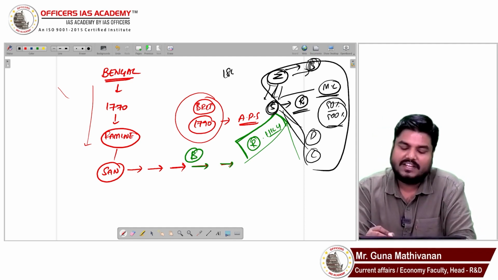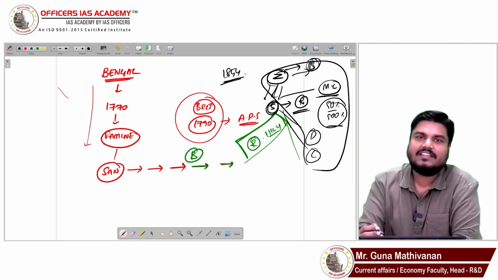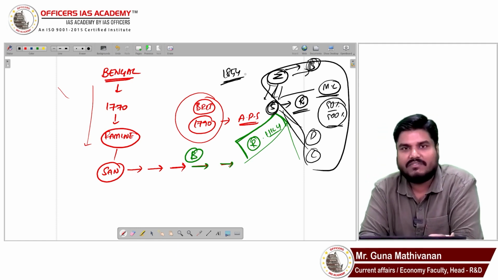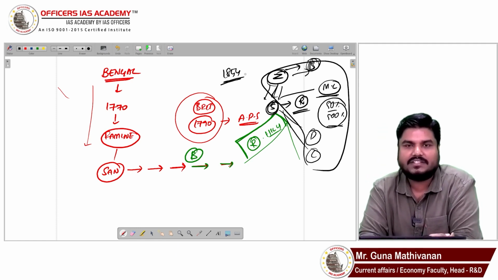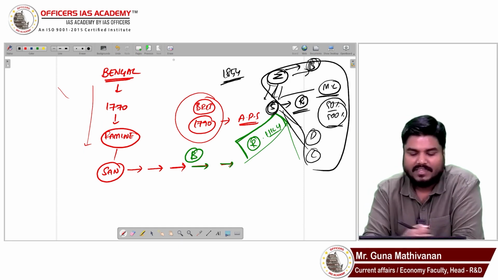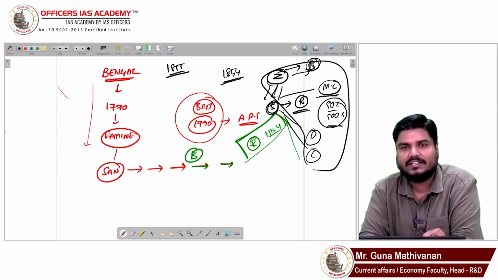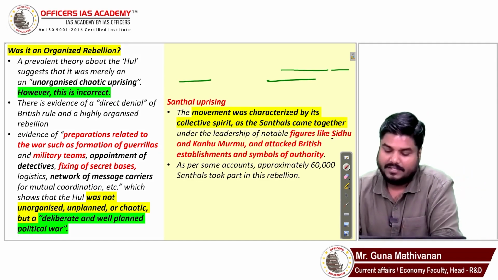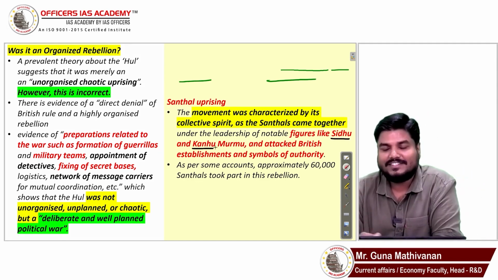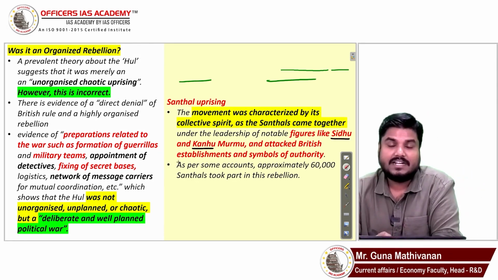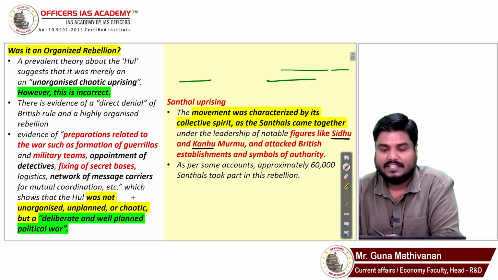So in 1854, 6,000 Santhals assembled and decided that, okay, we have to wage a war against Britishers, war against the system. So in 1855, under the leadership of Sidhu and Kanhu, the tribal leaders of Santhals, they were waging a kind of war against Britishers.